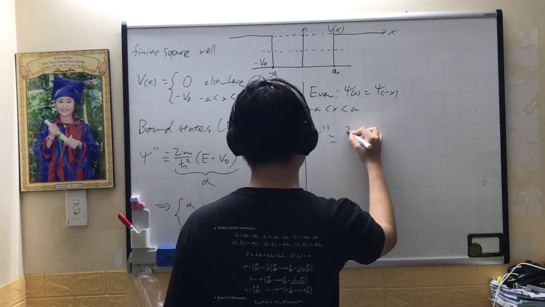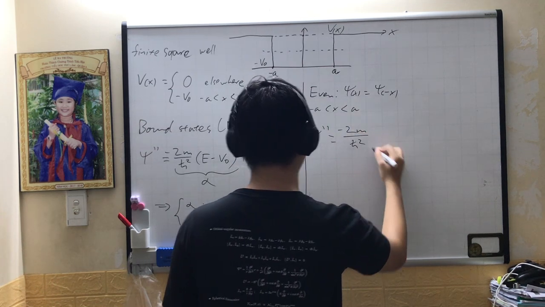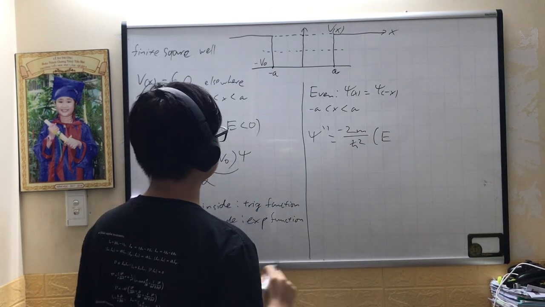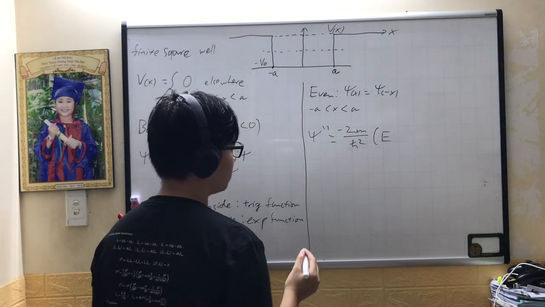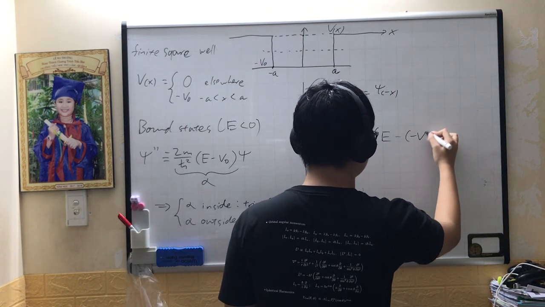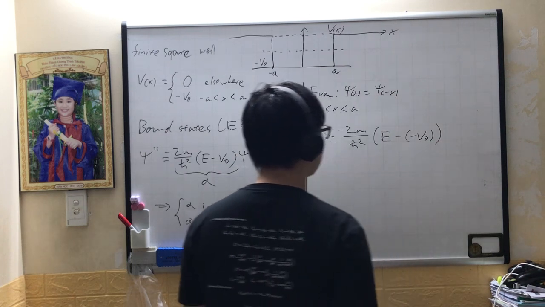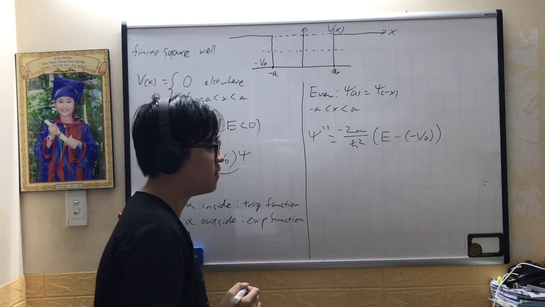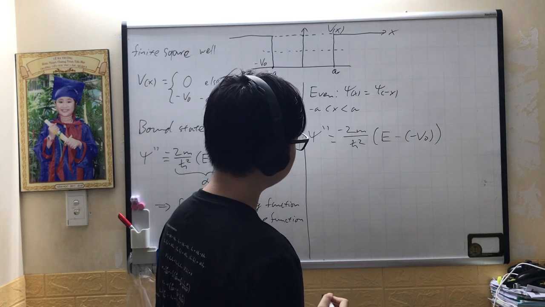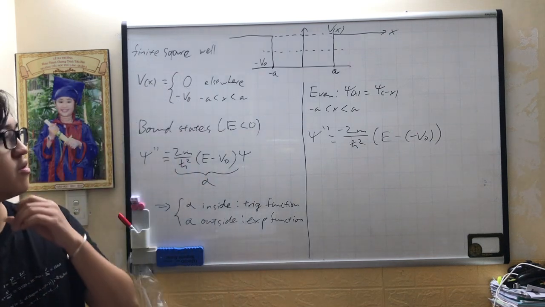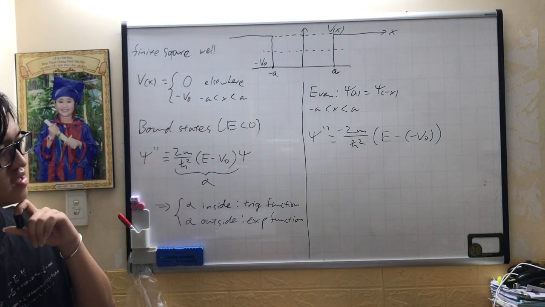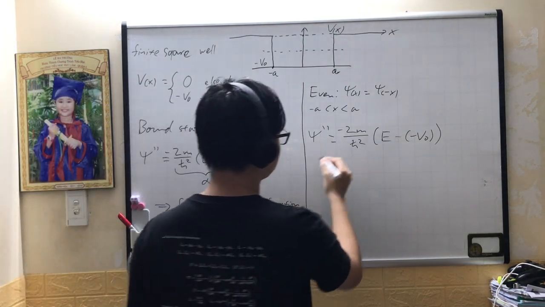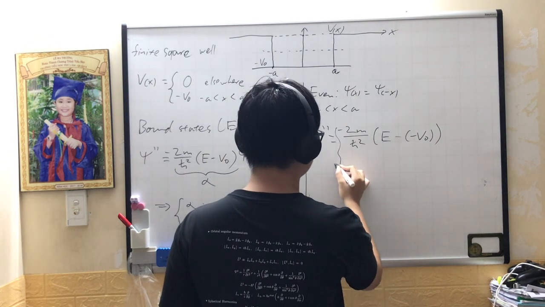It would be E minus V, but there's a minus here, so that would be minus V. And some people would write this as V naught minus the absolute value of E. So there are two ways to write this.